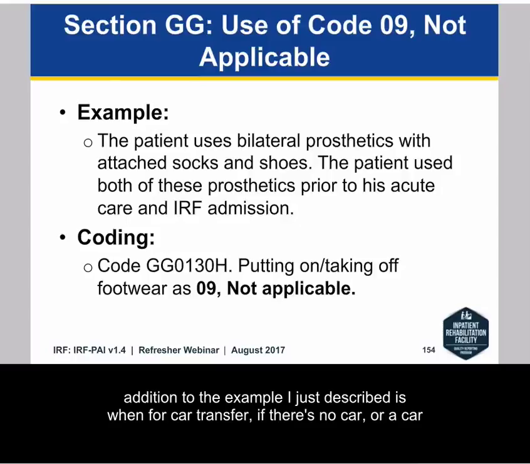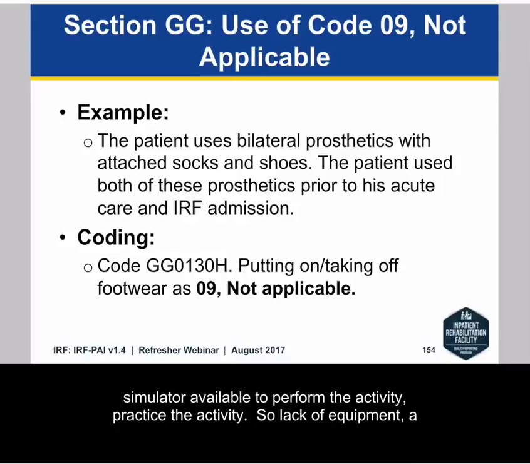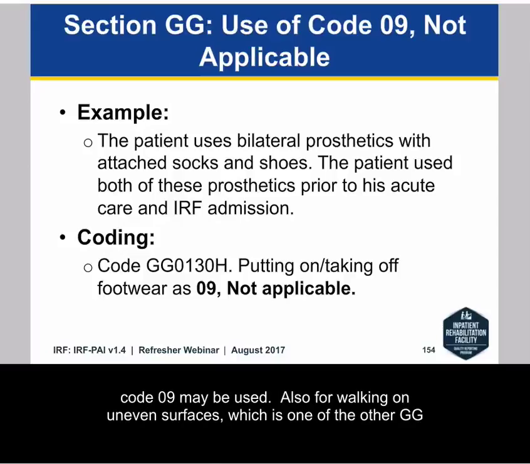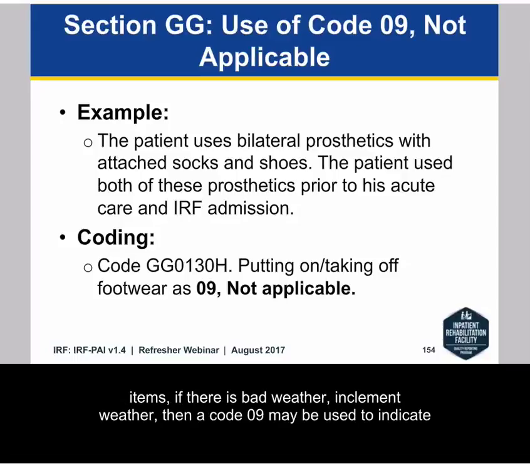For car transfer, if there's no car or car simulator available to practice the activity, so lack of equipment, code 9 may be used. Also, for walking on uneven surfaces, which is one of the other GG items, if there is inclement weather, then a code 9 may be used to indicate that it could not be assessed.